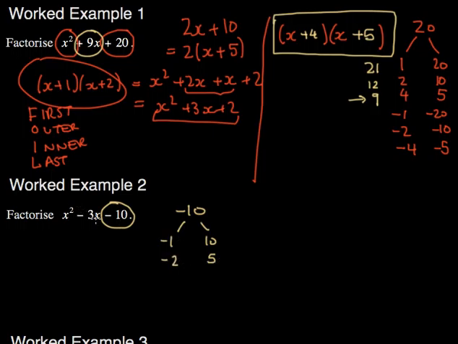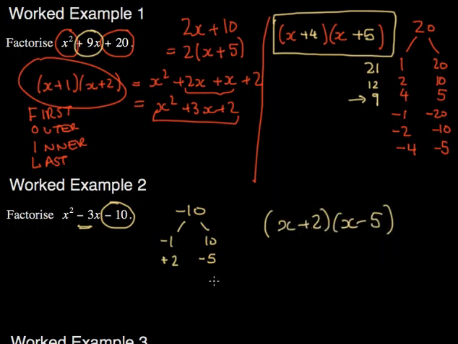Oh, actually, no, it doesn't, because that adds together to make 3. But we need minus 3. So we'd carry on. And in fact, if we notice the other way around, we can just make that positive and that negative. So they multiply to make minus 10 and add together to make minus 3. So factorised would simply be x plus 2 and x minus 5.